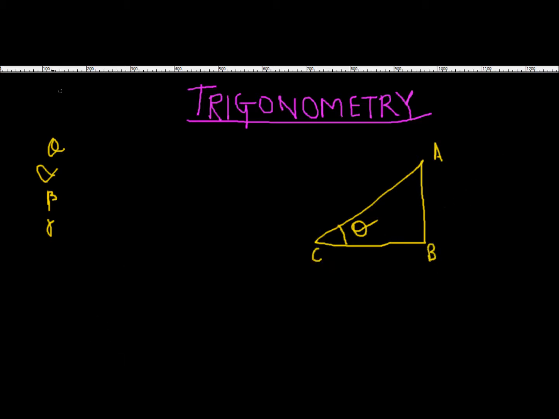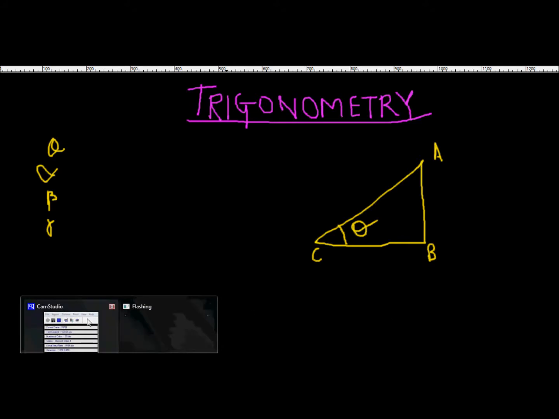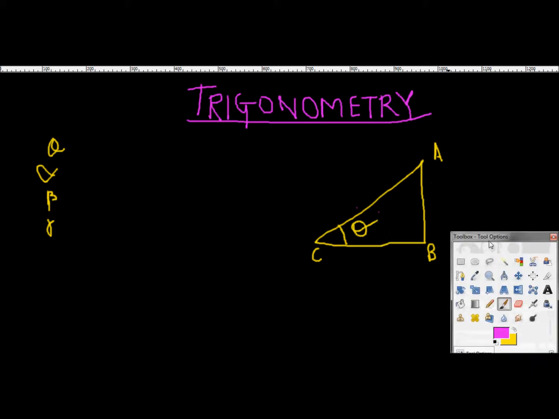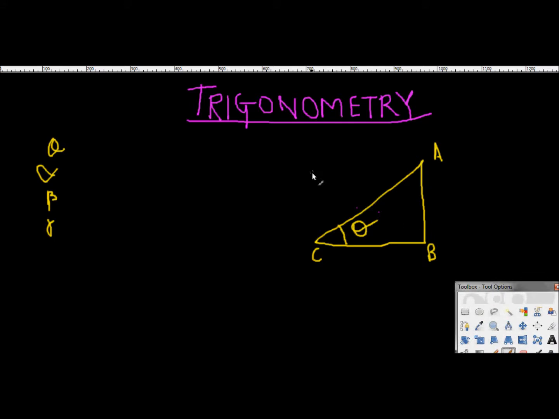So just a second, guys. Yes, and so all I'm going to be talking about here is tan theta, cos theta, sin theta, and their reciprocals. So guys, theta is the angle, and I'll just straight away move on to sin theta, which is nothing but perpendicular upon hypotenuse.